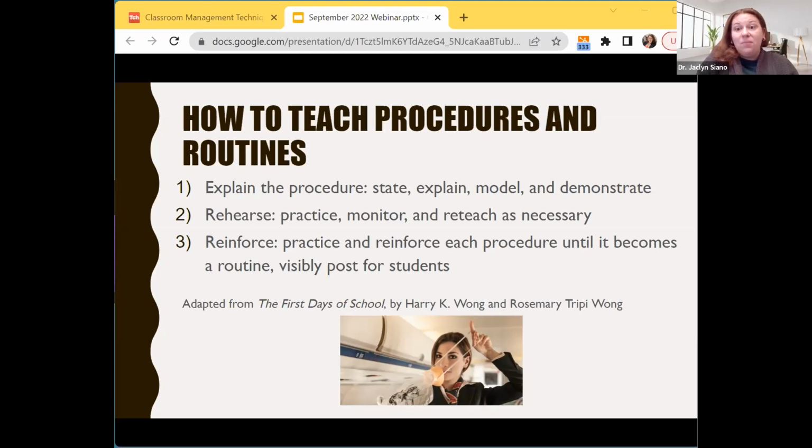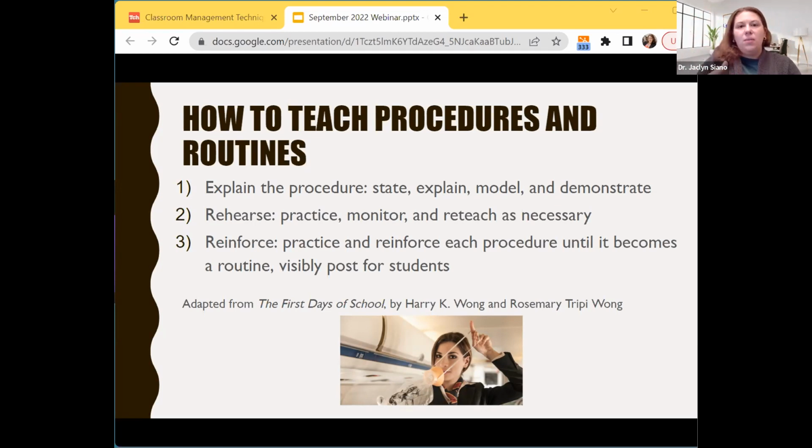They knew they had to come in, they had to say good morning or good afternoon to me because I was there at the door. They would put their cell phones in a little holder that I had because my district allowed that at the time. They would go get their journals. They would go to their seats and start their do now and read the objectives that were on the board. But I had to practice that every day with them for about a week. And these are high school students, so about a week to get them to that.